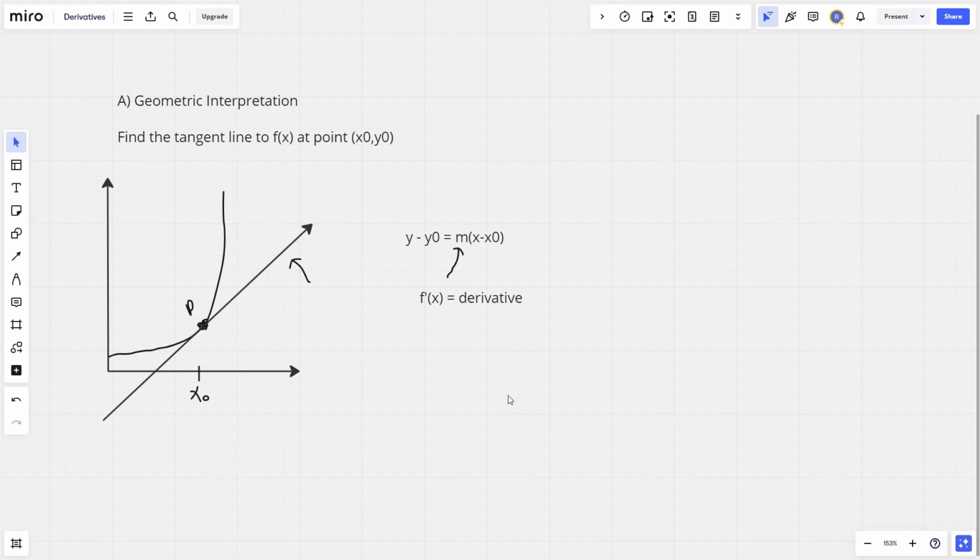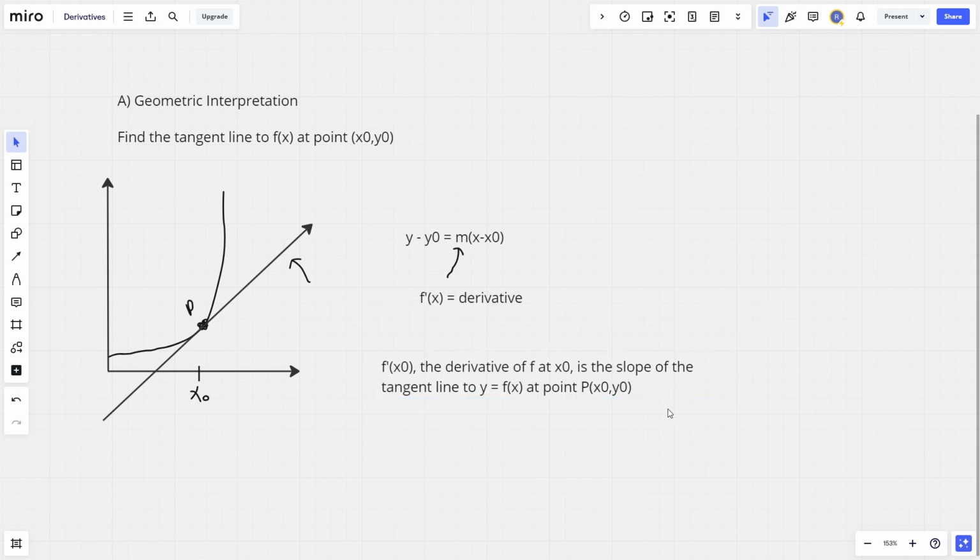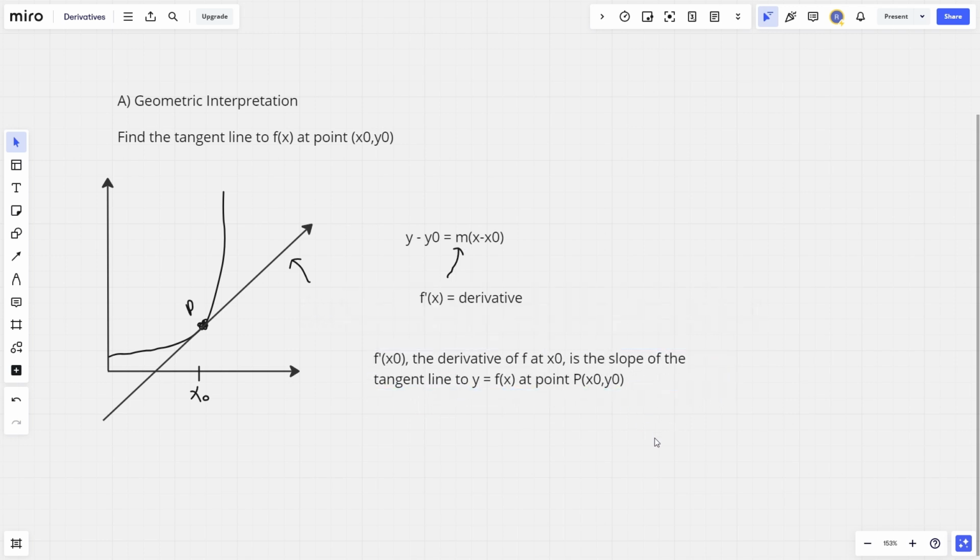So if we look at the formal definition, f prime of x0, which is the derivative of f at x0, is the slope of the tangent line to y equals f of x at point P, which is x0, y0. There's your formal definition of a derivative.